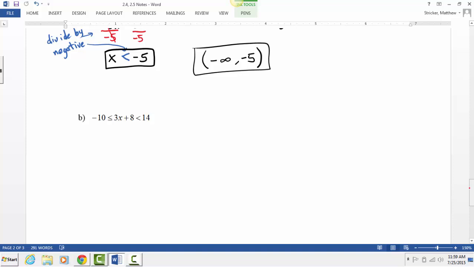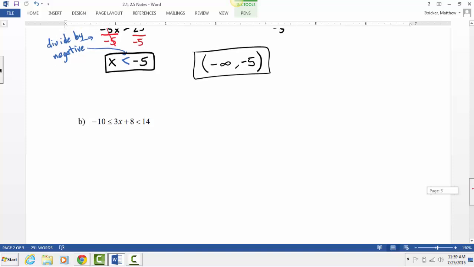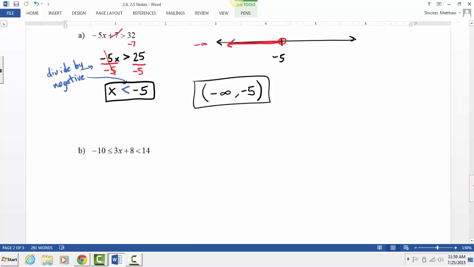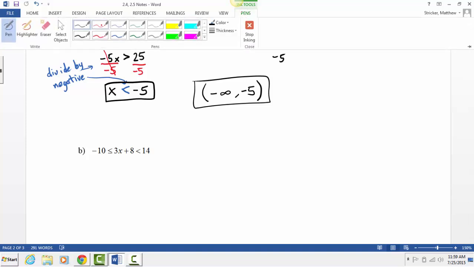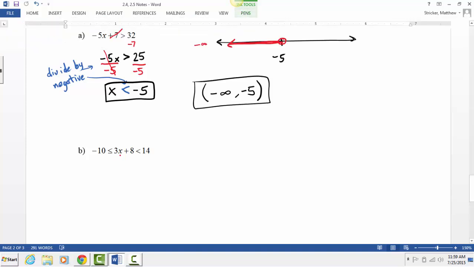We're going to do one last example here with a double inequality. And double inequalities are kind of cool because you're still solving an equation the way you normally would, except you're solving two equations or two inequalities simultaneously. So the principles still apply, except that when you get x by itself in the middle, we need to isolate x in the middle.